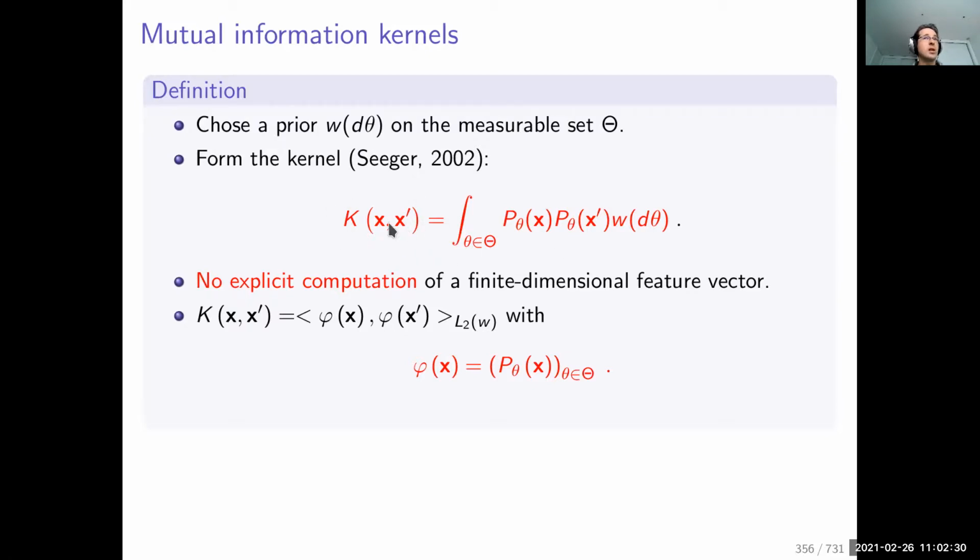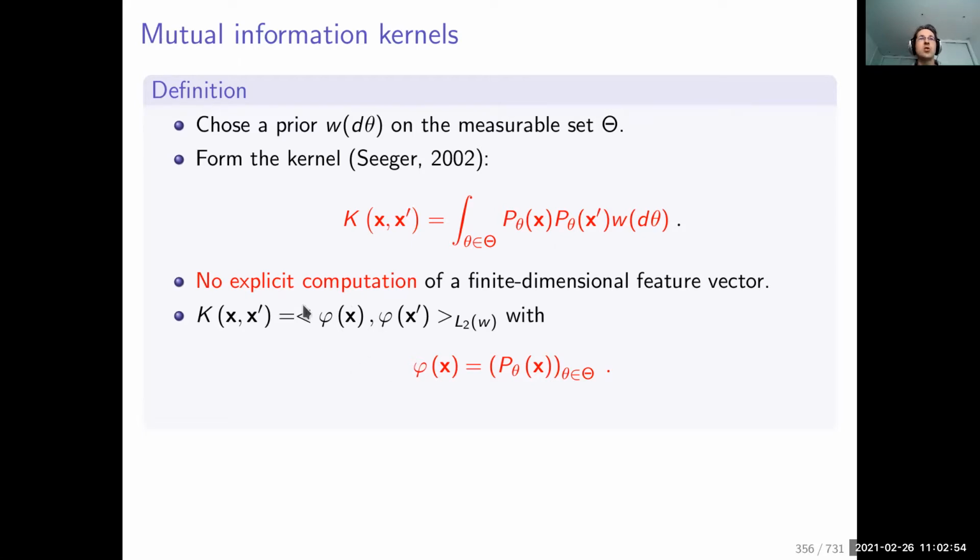You can form a kernel by simply integrating P theta of x times P theta of x prime. In other words, a way to turn a probabilistic model into a kernel is simply to define an inner product in terms of L2 between our probability distributions.